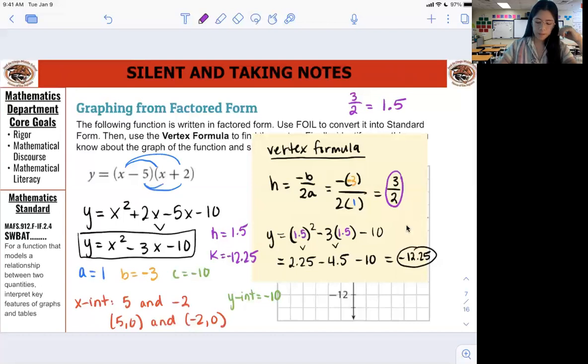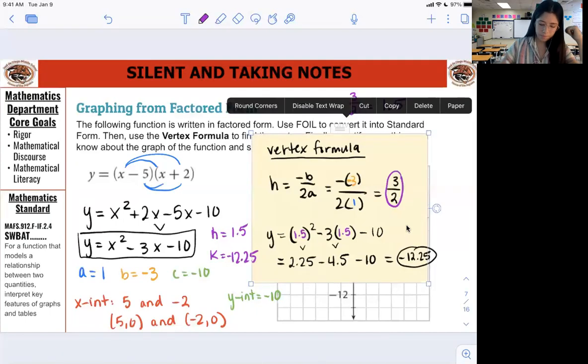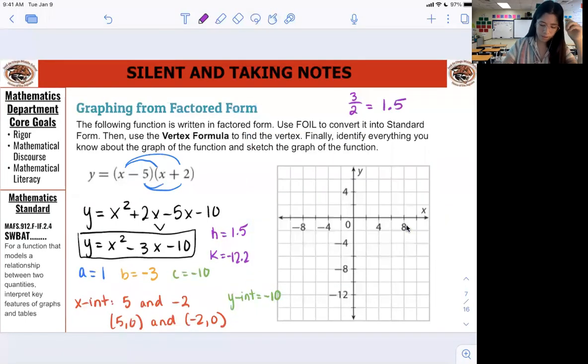All right, so my vertex, now I know my vertex is at 1.5 comma negative 12.25. Now I have everything I need. 1.5 comma negative 12.25, I'm going to estimate it somewhere around here. The y-intercept is negative 10.